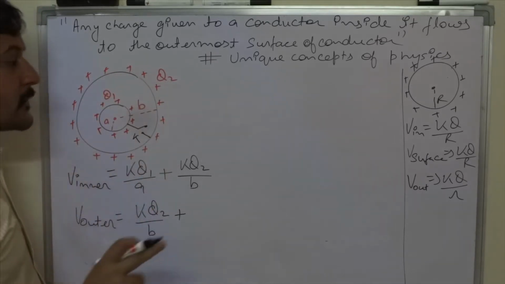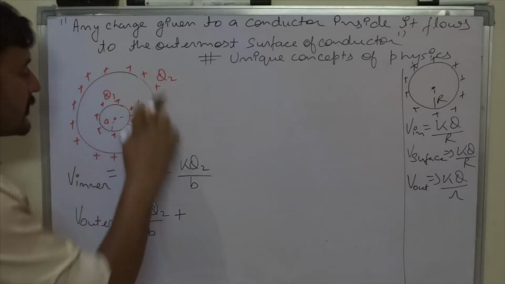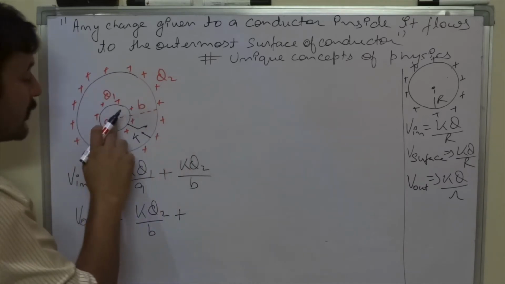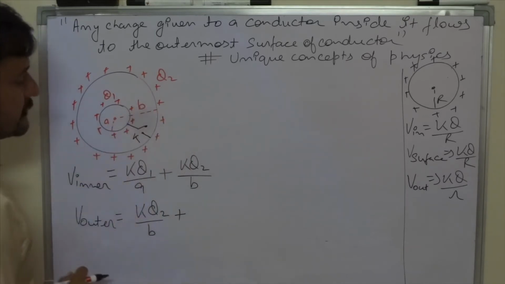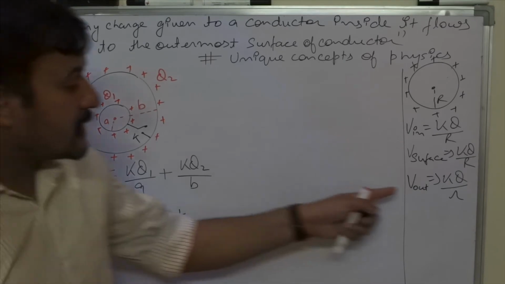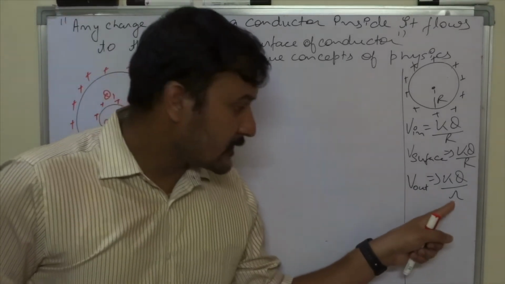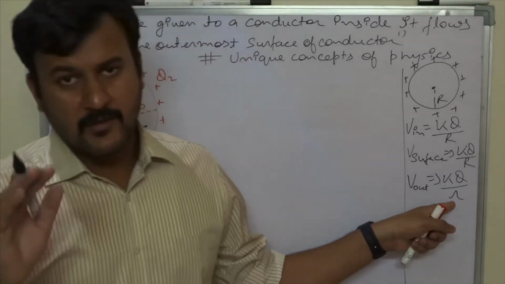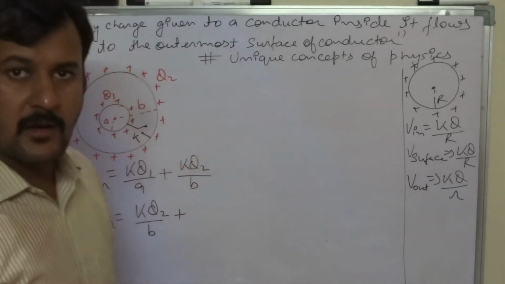It is important to note that any point of the outer sphere is lying outside the inner sphere. So while writing the potential outside, we have to take the distance of the point from the center of the sphere and not the radius.